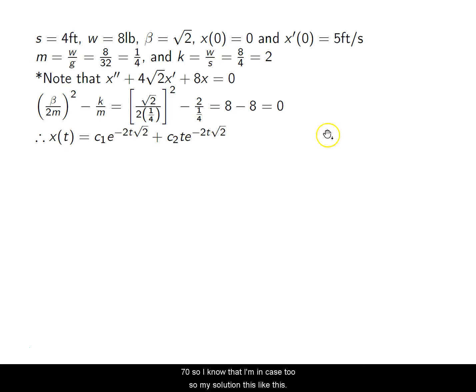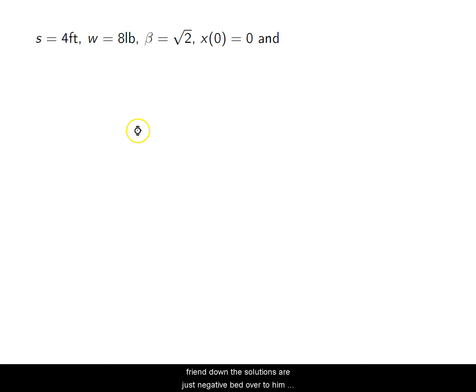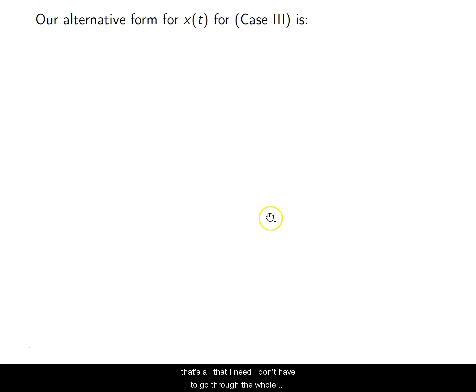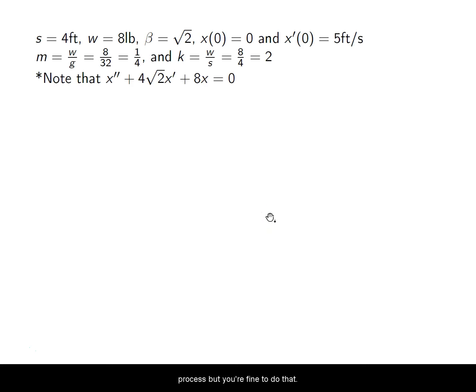So my solution looks like this. Since I know what form it is, I can go straight to plugging things in. It's the roots, or negative beta over 2m. You should have this written down: the solutions are just negative beta over 2m. That's all I need. I don't have to go through the whole process, but you're fine to do that.